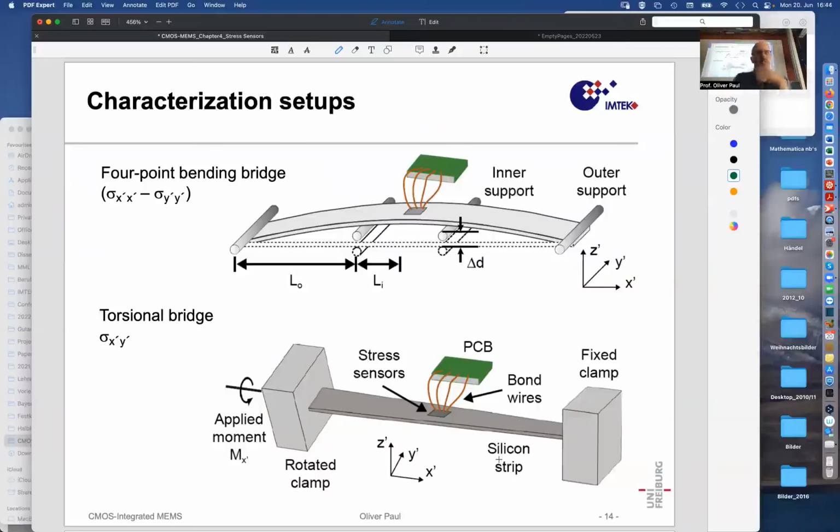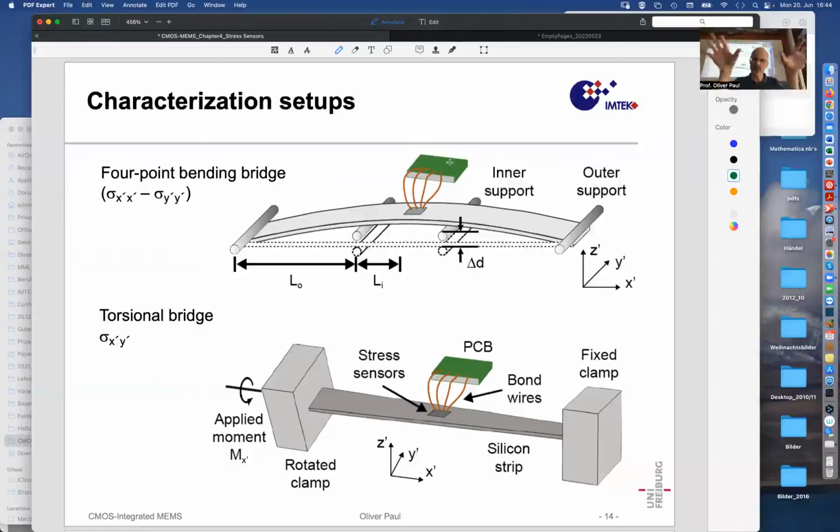That's one instrument, and then on a torsional bridge that were constructed and exploited in my lab. And so what does one do? One takes indeed a stripe of the material, cuts it from the wafer, and then let's say there is a chip, and then it has its stress sensors, which are connected to, well, some instrumentation.